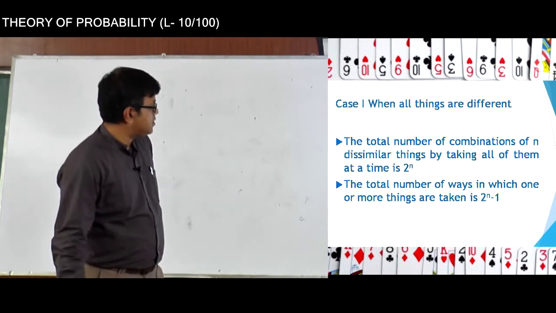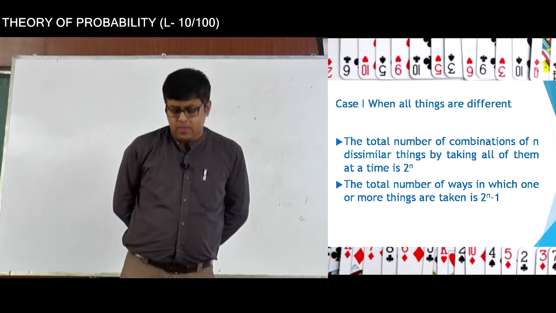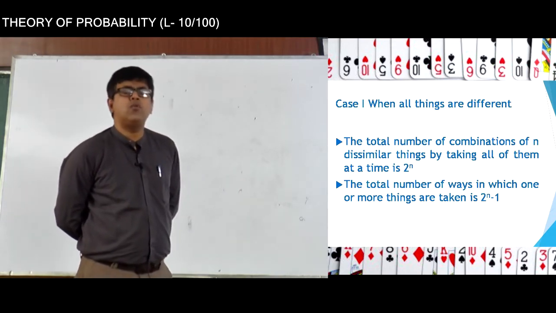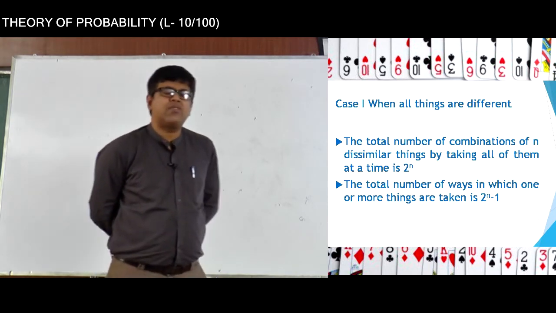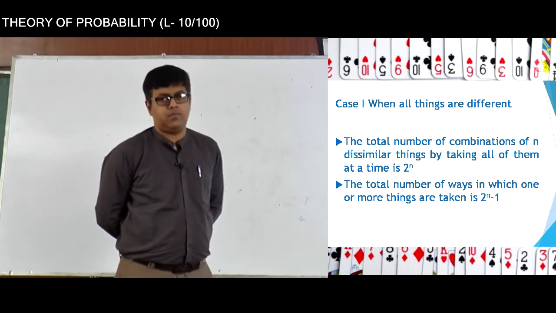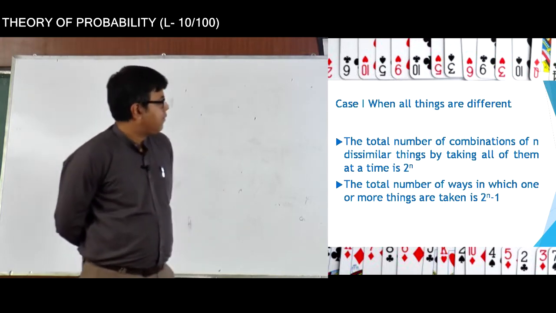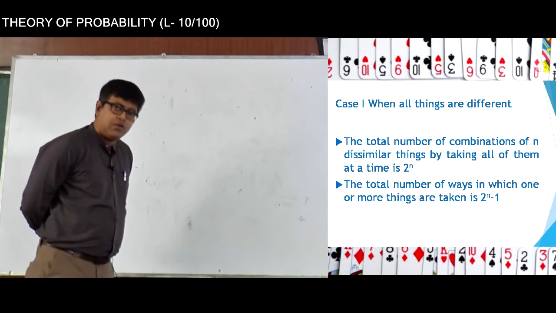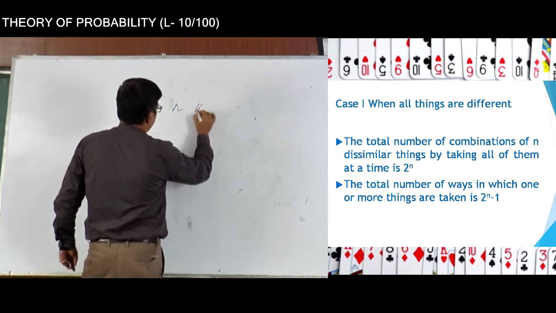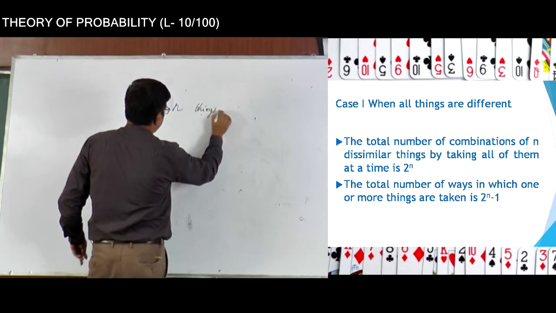Now the first case is when all things are different. If all things are different, then in how many ways can you make a selection of those n dissimilar things by taking all of them at a time? That is the question, when all the things are different in nature. Since we have n dissimilar things in our hand, in how many ways can you make the selection?